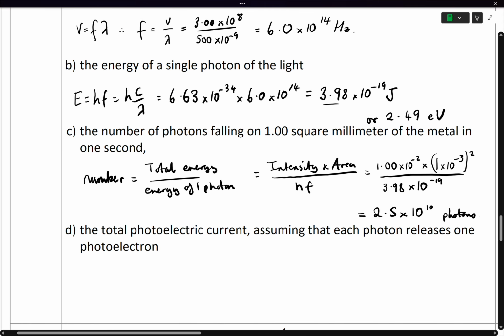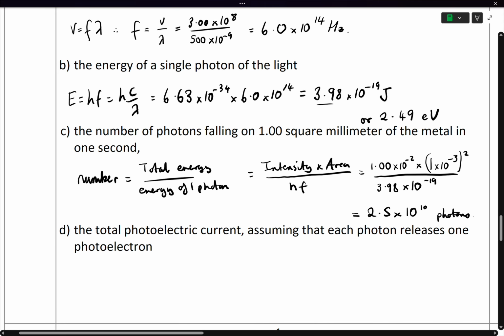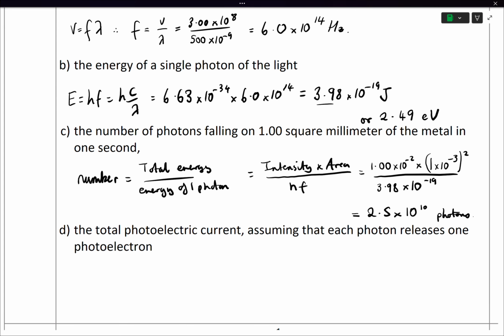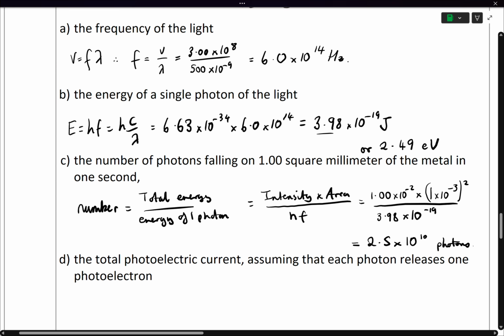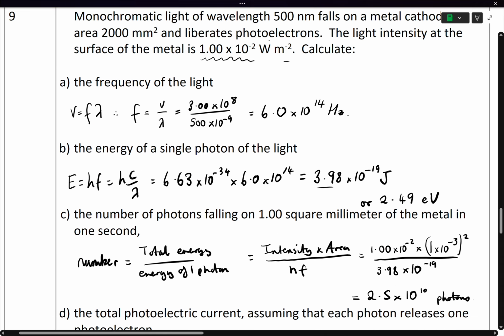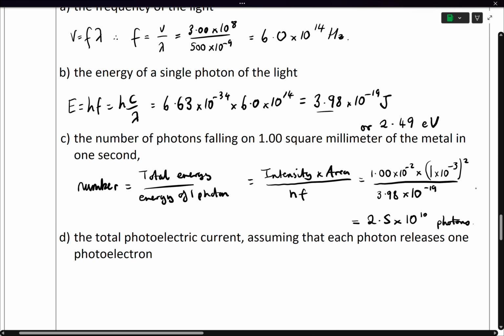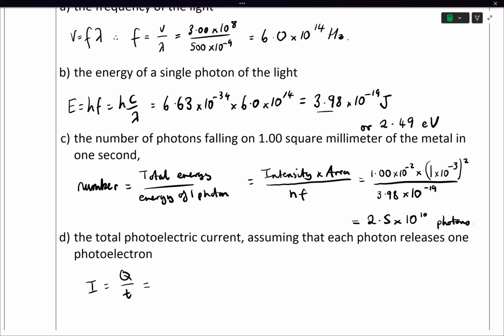The total photoelectric current, assuming that each photon releases 1 photoelectron, so I is Q over t. So we're going to continue working in 1 second all the time as we go through. Each square millimeter has this many photons arriving at it.